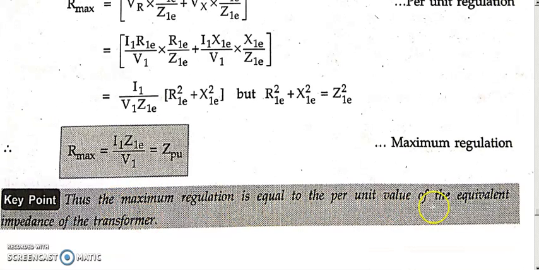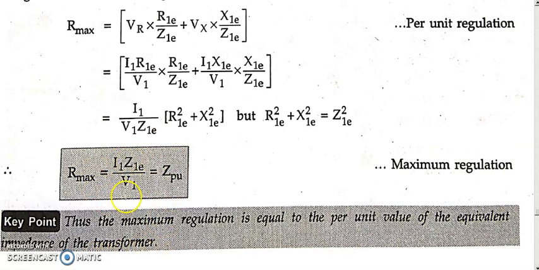So maximum regulation is equal to the per unit value of the equivalent impedance of the transformer. Okay, this they have written in the form of Z per unit. Otherwise you can remember it like this, or you can remember it as R max equal to I1 Z1e by V1. Anyhow, both will help you, so please remember both ways, because I into Z is nothing but voltage and V is voltage.